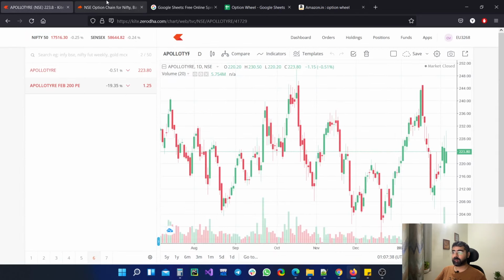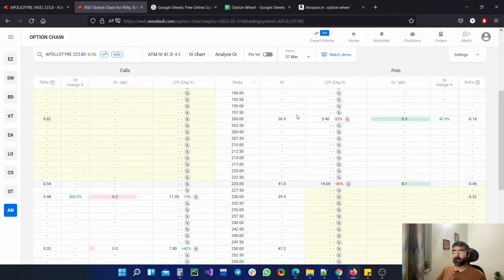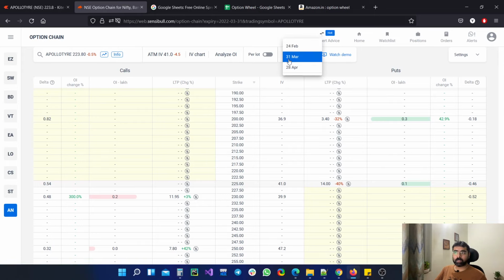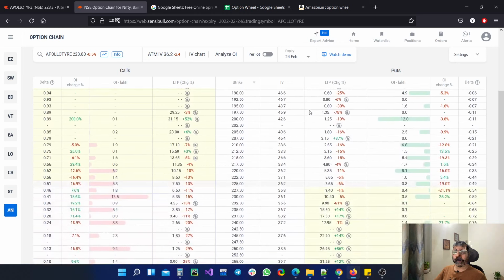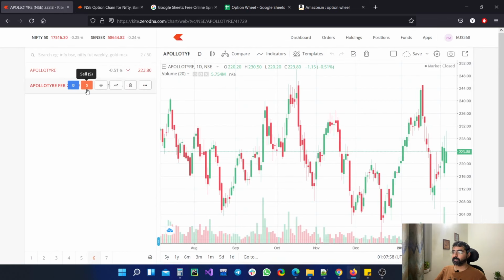So maybe I won't be selling 205, I might be selling 200 or 195. If you want to reduce your risk and also reduce your ROI, you can keep going far and collect something with less premium. Maybe sell 195, which is for 80 paisa. This is how we keep doing it until we end up in a loss. So how can we end in a loss?